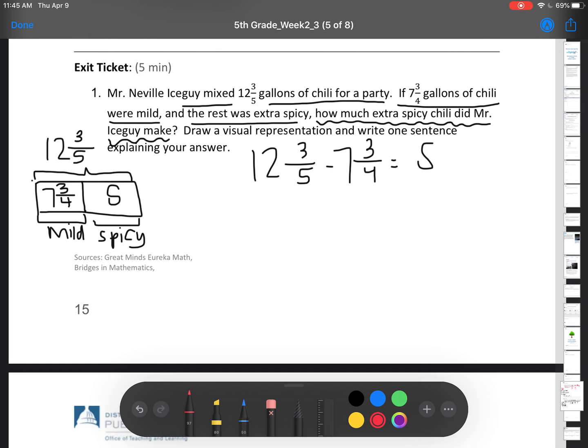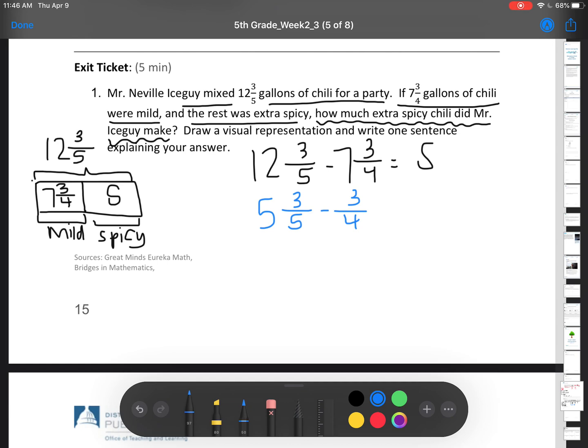The first thing I do when I'm subtracting mixed numbers is I subtract the whole numbers. So I have 12 minus 7, and that's going to give me 5 3/5 minus 3/4.